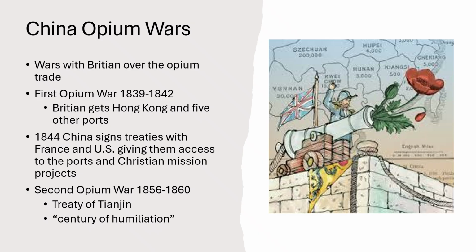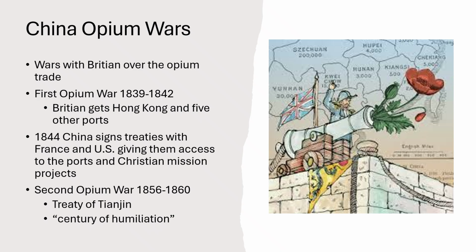And this ultimately will lead to the Treaty of Tianjin, which will again make more concessions to both the British, other European powers, and the United States.